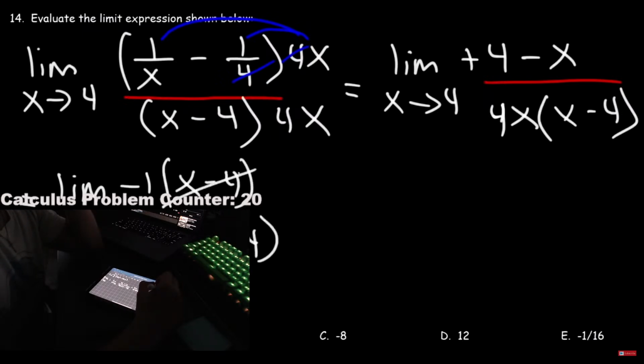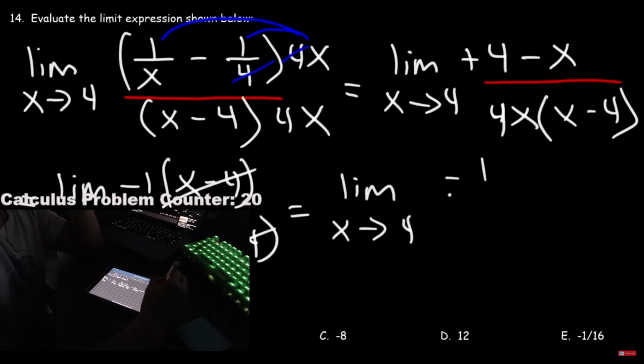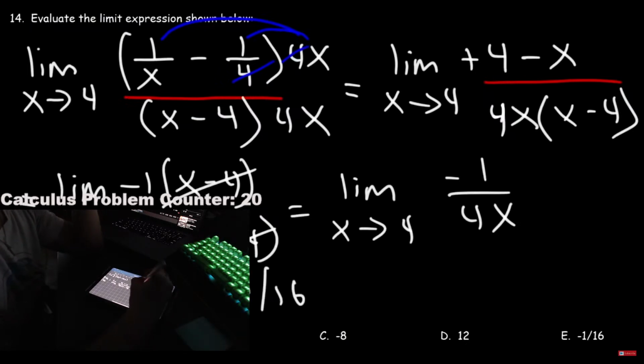So notice that we can cancel x minus 4. So now we have the limit as x approaches 4 of negative 1 over 4x. Now we can use direct substitution. Replacing x with 4, we're going to get negative 1 over 16. So this is the final answer.